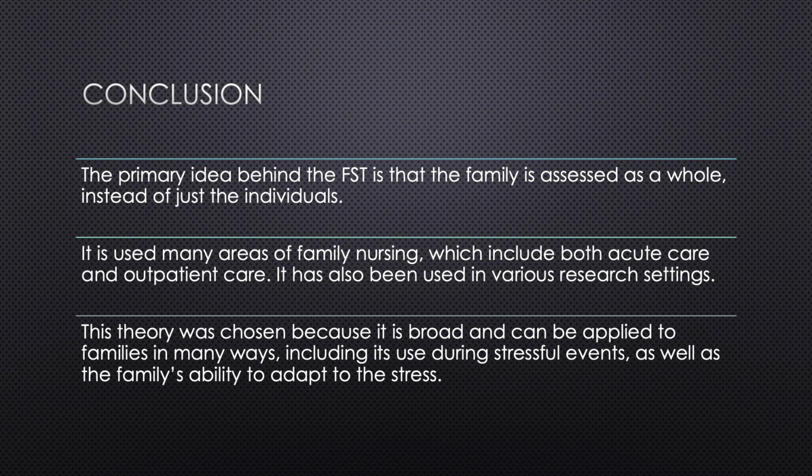This theory was chosen because it is broad and can be applied to families in many different ways, including use during stressful events, as well as the family's ability to adapt to the stress. So, in other words, the theory can be applied in many different ways. Therefore, it's easy to use it for many different families, and it's very highly applicable in many ways.